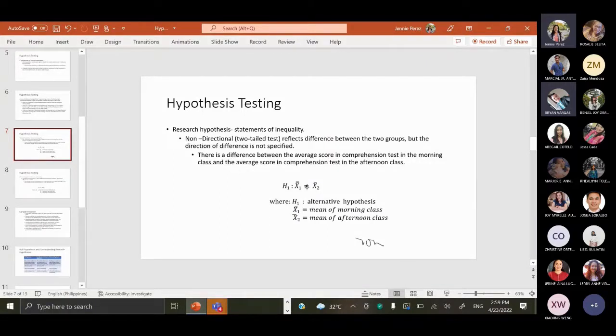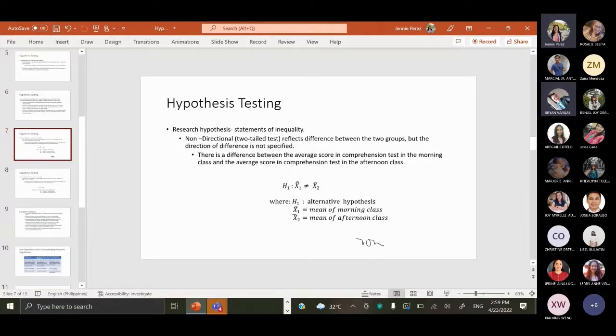So the mean sub 1 is not equal to the mean sub 2. So ito yung ibig sabihin, not equal. So ibig sabihin, there is difference. If it is not equal, then there is difference. There is a significant difference between the two. Kaya the symbol there is not equal.